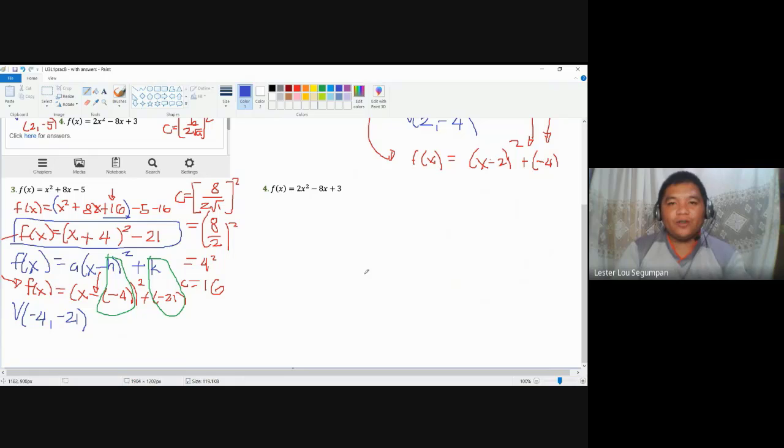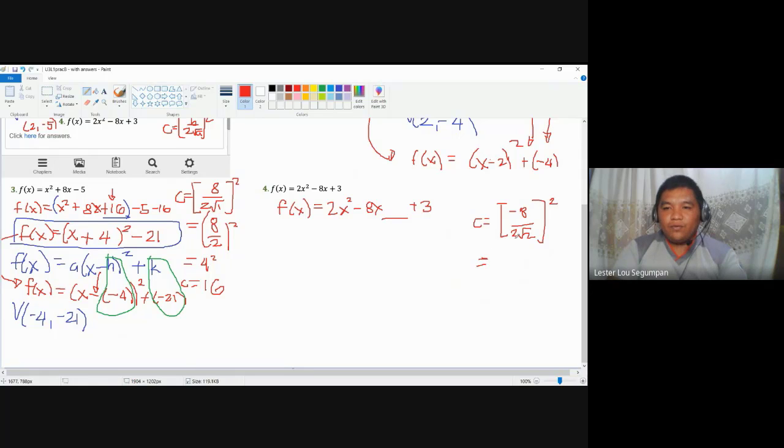How about number 4? Number 4 could be expressed as f of x equals 2x squared minus 8x, and I'm moving the 3 farther away. To complete this, again, we use the formula for c: negative 8 over 2 times the square root of 2, as a is 2, all squared.